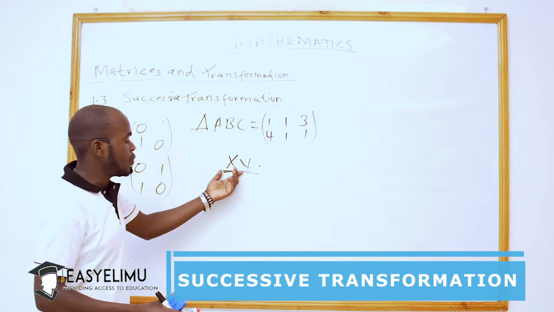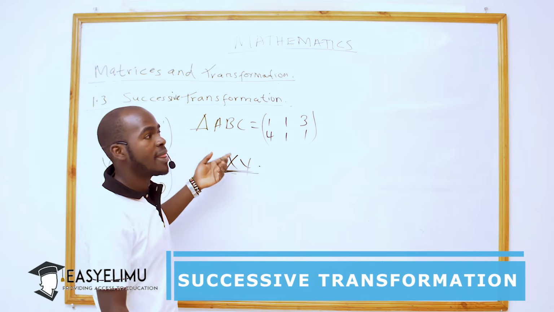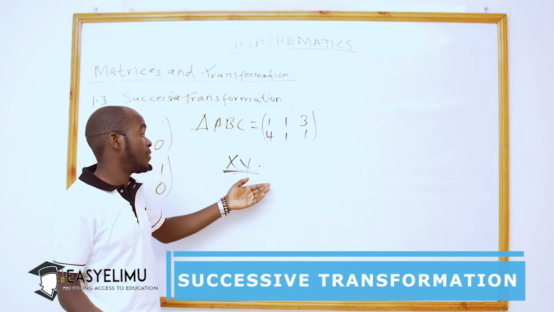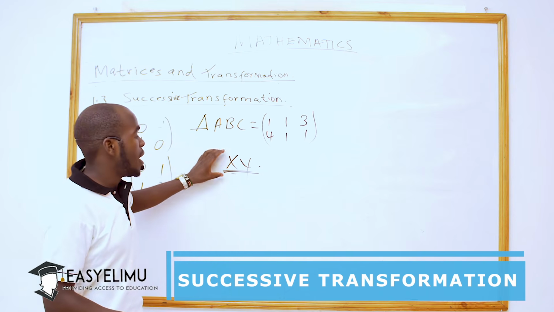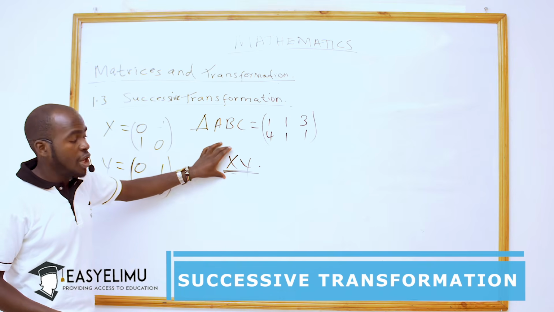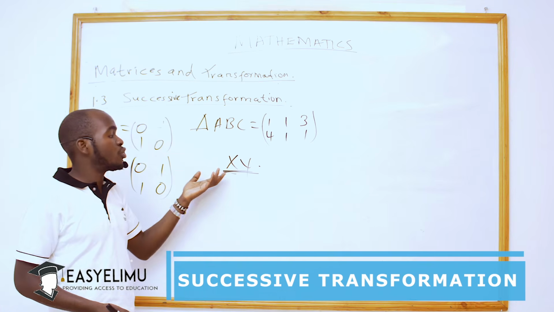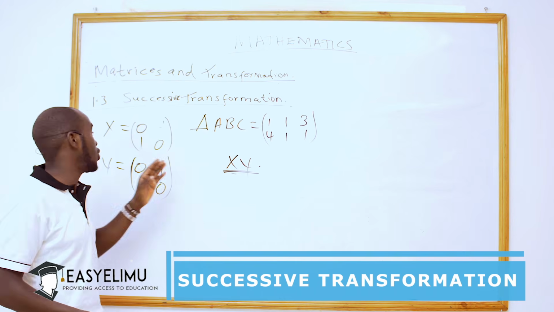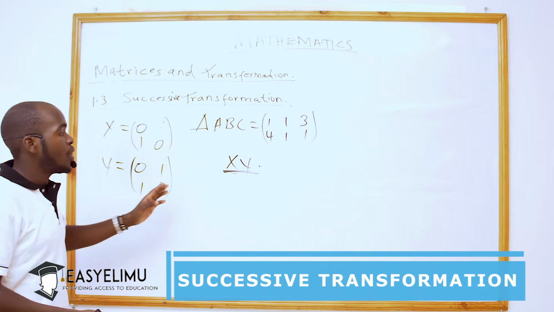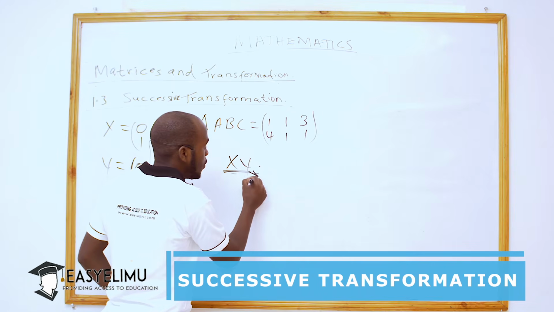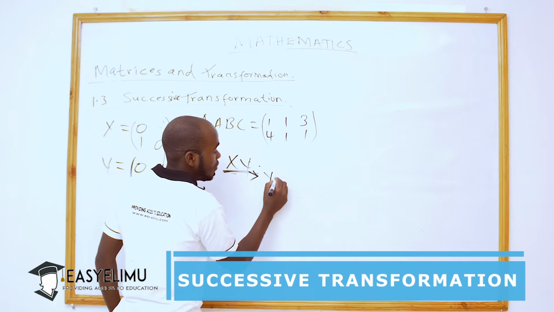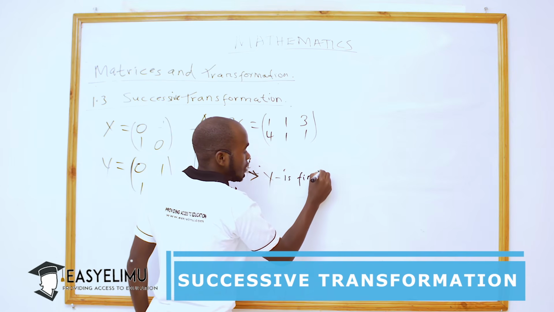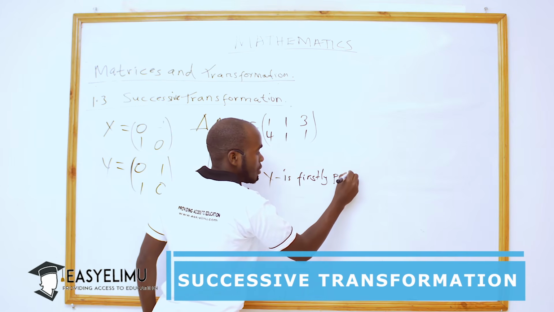Now, being given this one, it may be XY or other kinds, maybe 4, 3, 4, 5, it may be even 6, but here we have been given 2. In order to find the successive transformation of this triangle through these transformations X and Y, this is the first to be performed, Y is firstly performed.